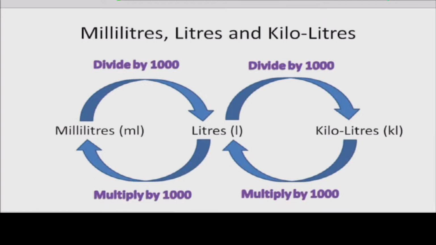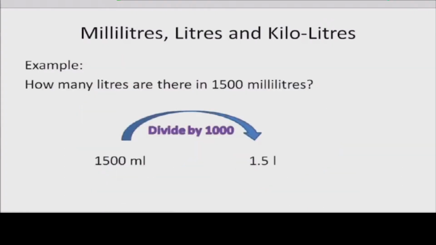If you have to convert milliliters to liters, you need to divide the amount by 1000, and if you have to convert liters to kiloliters, again you divide liters by 1000, and if you have to convert back from kiloliters to liters, you multiply the amount you have in kiloliters by 1000, and if you have to convert liters back to milliliters, you need to multiply the amount you have in liters by 1000.